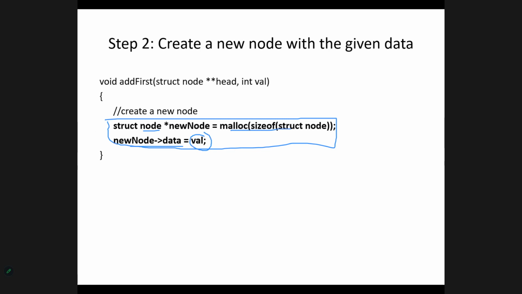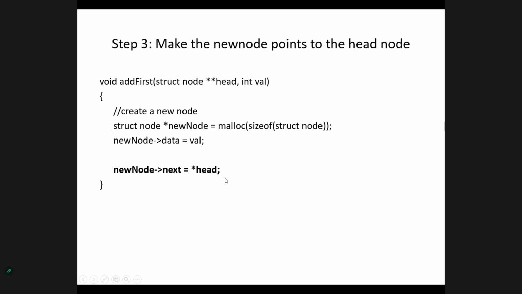Okay, so what is the next step? Make the new node point to the head node. We have a head node. At first, struct node head, then create new node, which we already discussed.